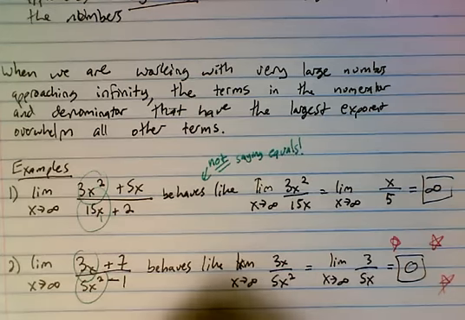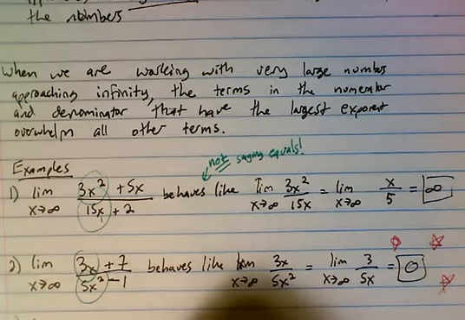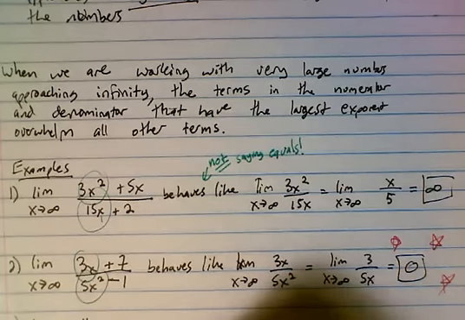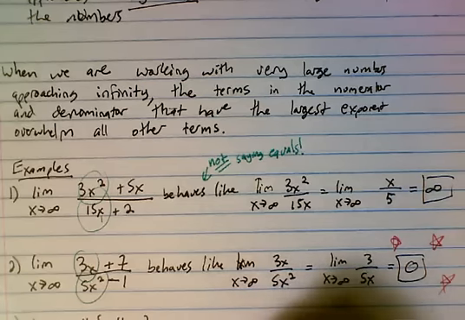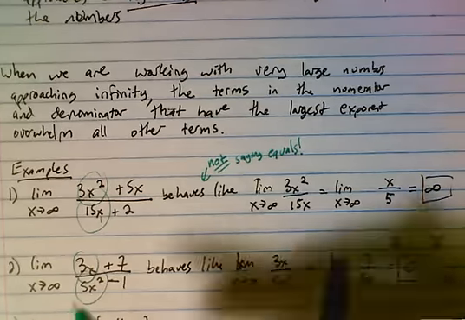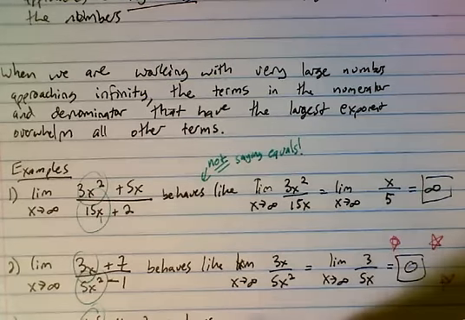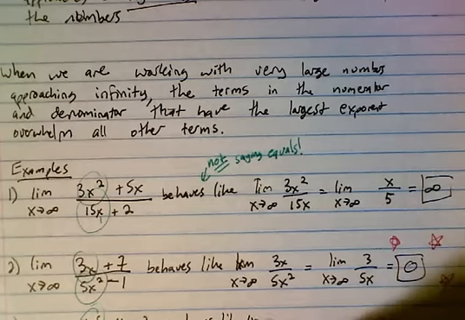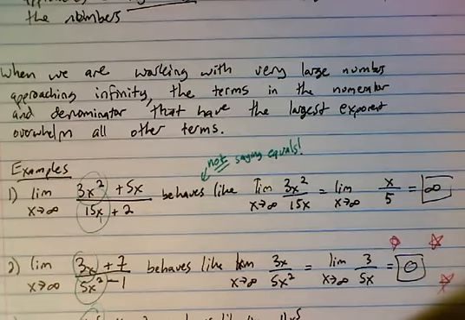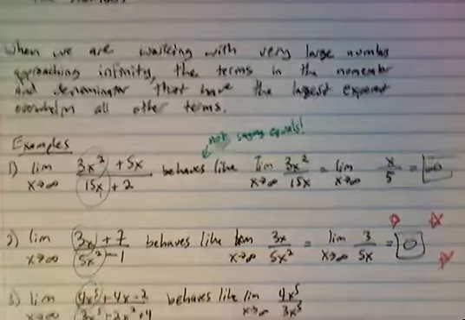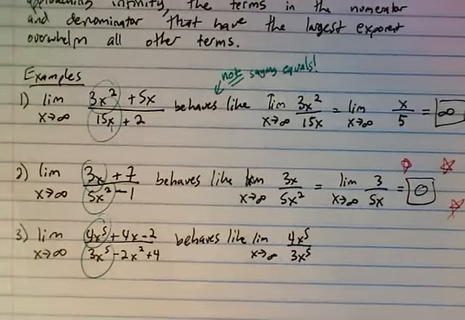What can also happen is we can have situations like this. They're our biggest exponent. So this behaves like, notice how in this case, there's the example.